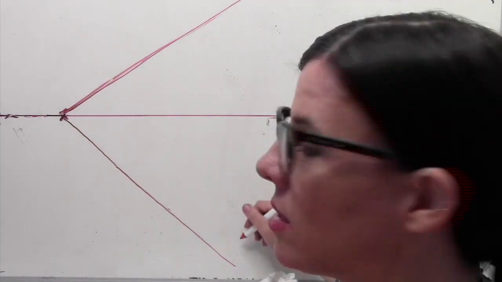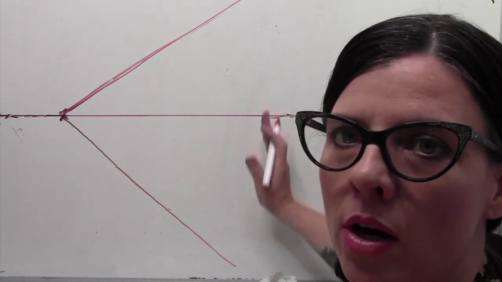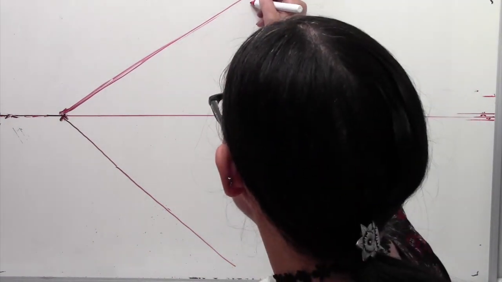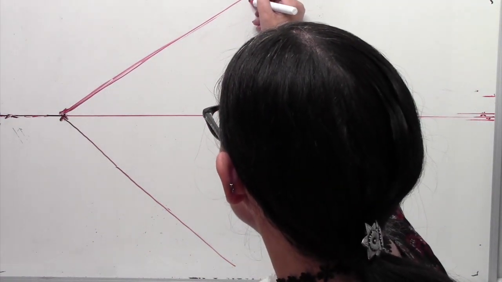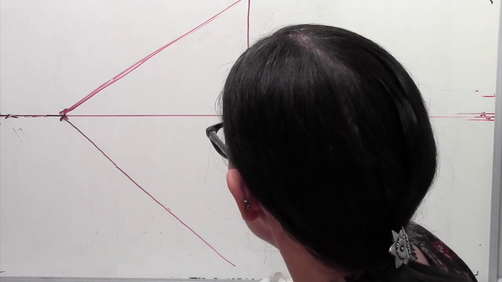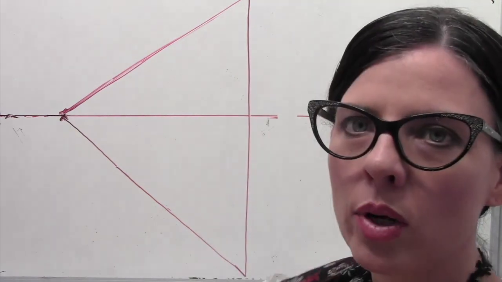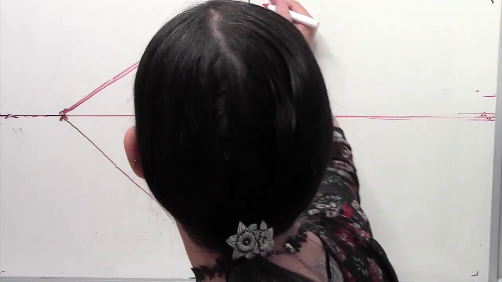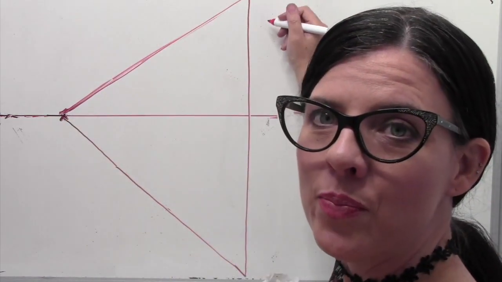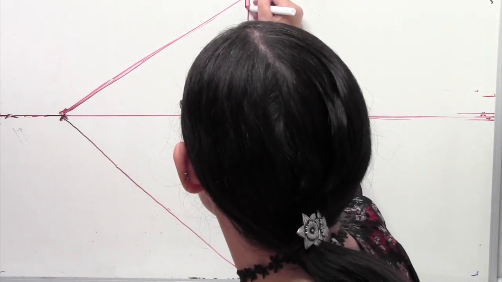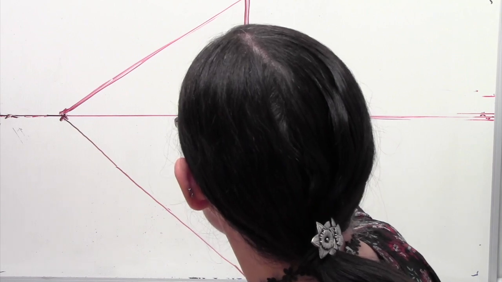Okay, so the next thing I'm going to do is start in an area where you guys are able to see, and run a line, theoretically straight down, but it's a bit leaning, I think.